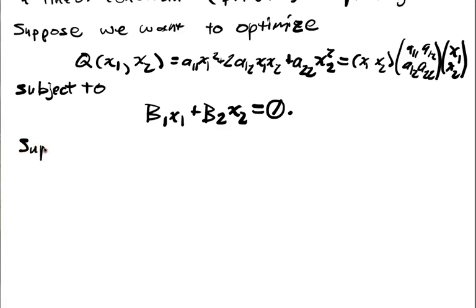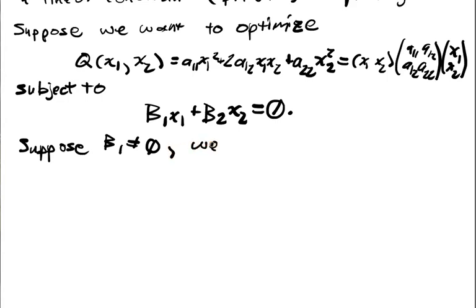So suppose, of course, b1 does not equal 0, and without loss of generality, it's not. If b1 were 0, then if b2's not 0, we just replace variables and reorder everything. If they were both 0, then this constraint is meaningless, and so we ignore that case.